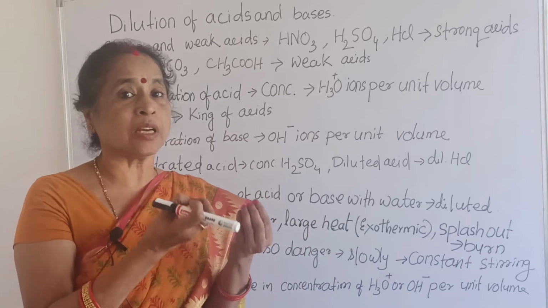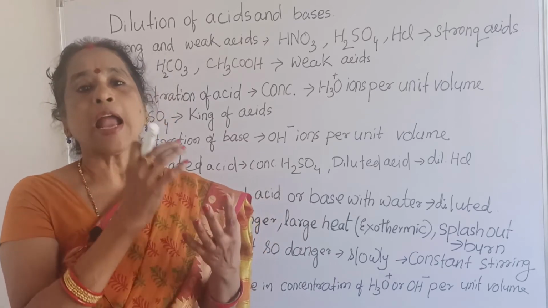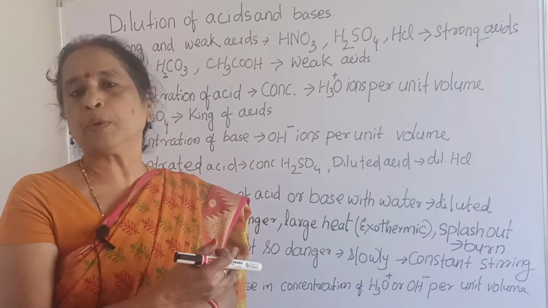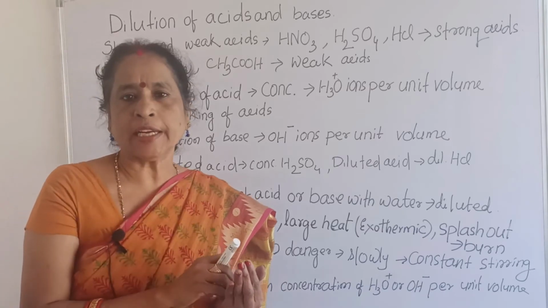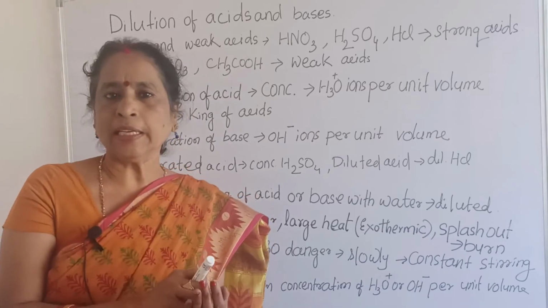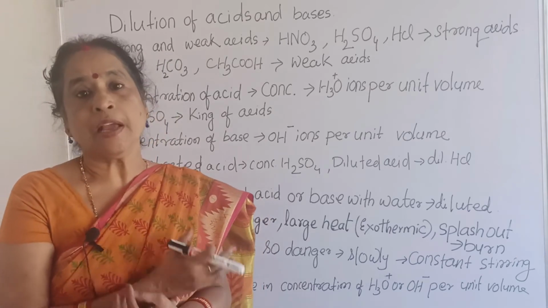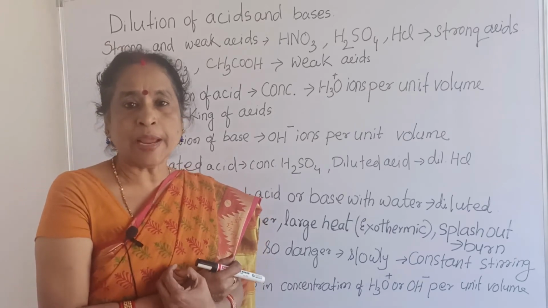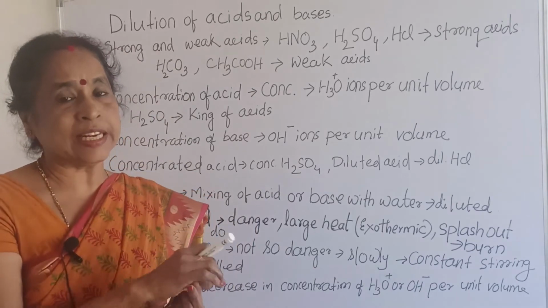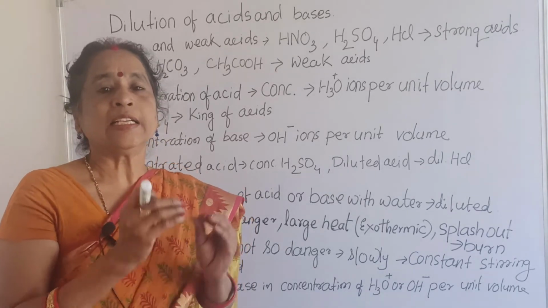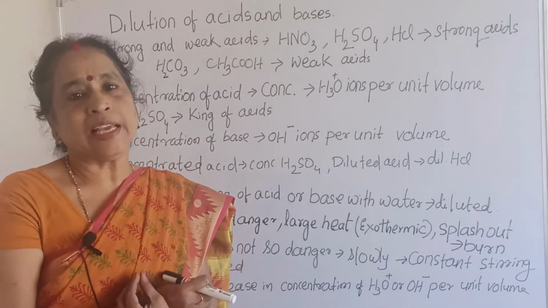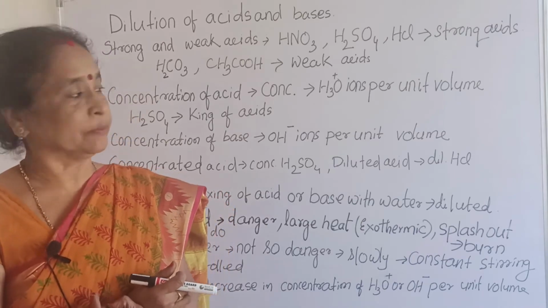Here a particular chemistry term will be used, and according to calculation we will proceed. Generally molarity, molality, normality, these 3 types of words are used to express the measurement. That means normality, molarity, molality, you will see in 11th class chemistry.